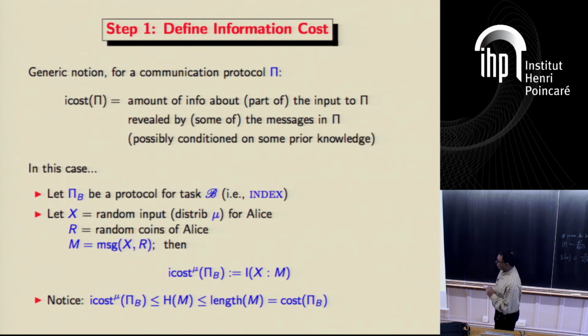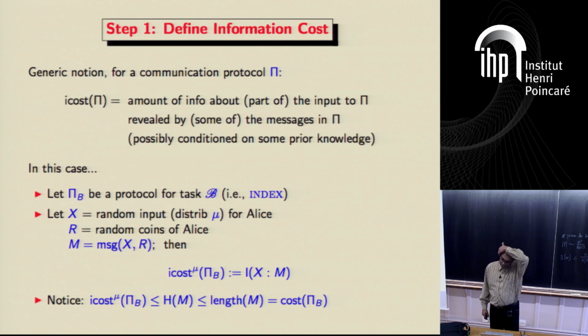Now in this case, let pi_b be a protocol for task b, which is our complex task, index. We'll define these 3 random variables: x, which is an input for Alice, distributed according to some distribution, let's say mu; then r, which is the random coins that Alice uses in sending her message; and then m, which is the message generated from input x and random coins r. The information cost is defined as the mutual information between x and m.